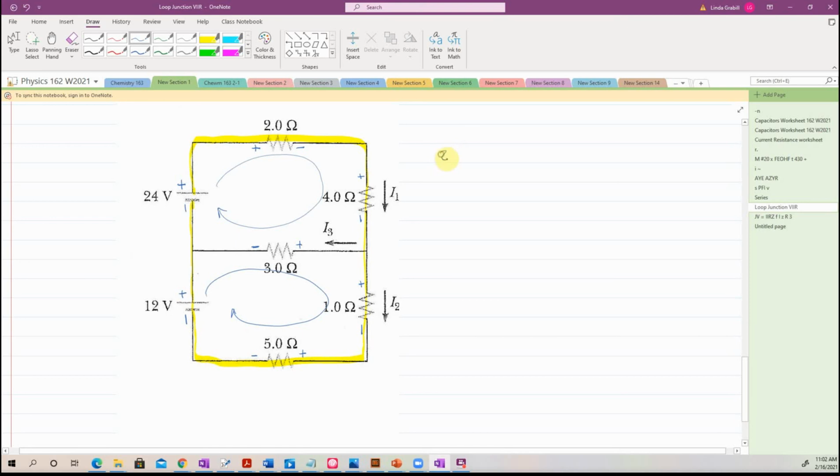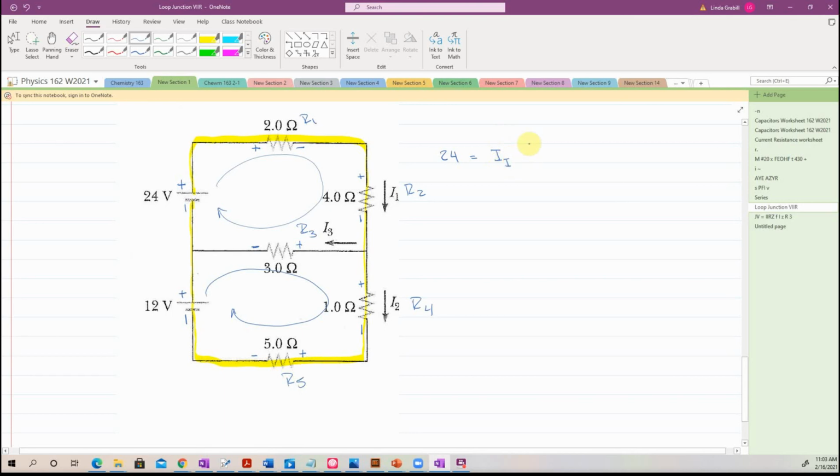So we can go 24 equals, let's see, I've labeled this I1, equals I1, let's label these R1, R2, R3, R4, R5. Doesn't matter how you label them, just so that you can keep them straight.